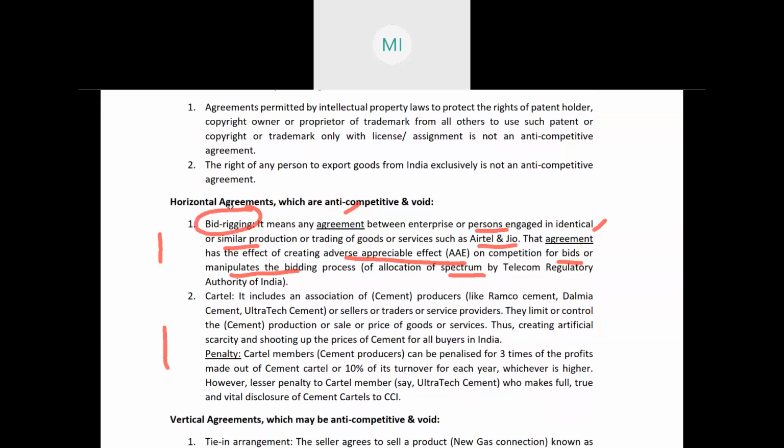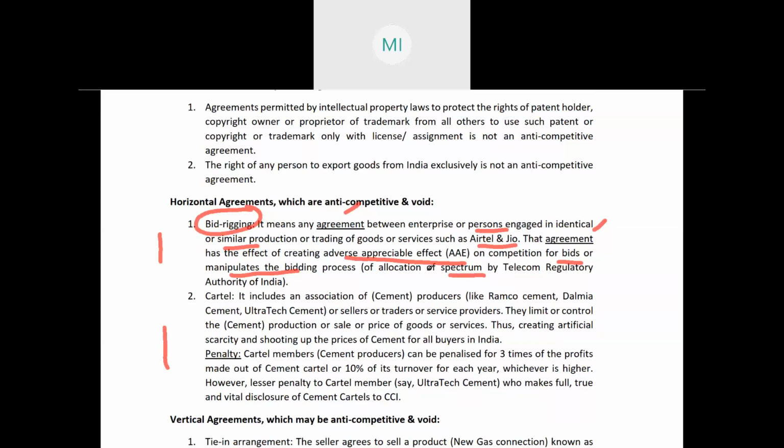Airtel and Jio, when allocating spectrum, if they do some kind of concerted action which creates adverse appreciable effect on competition for bids or manipulates the bidding process, that's what we call bid rigging.